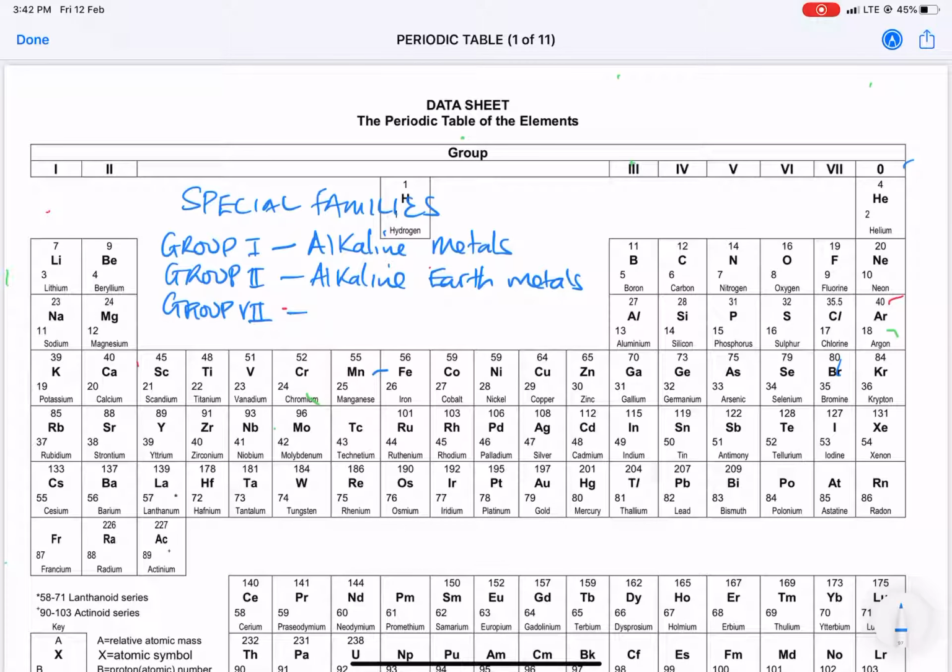Group 7 elements are called halogens, which are salt producers. And then we have group O. They are called inert or noble gases. So these are special families of the periodic table.